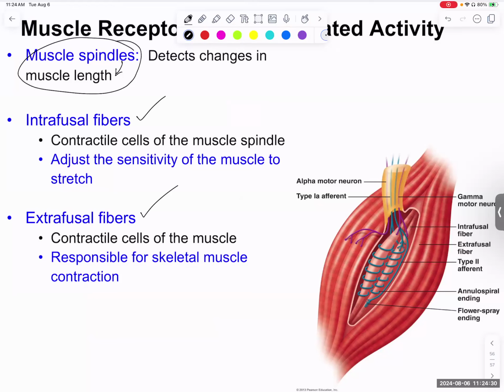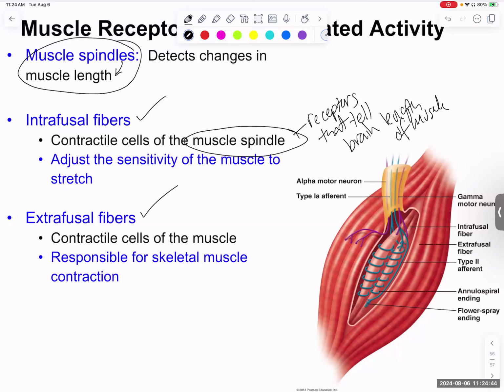Intrafusal fibers are the cells of the muscle spindles or receptors that tell the brain the length of the muscle. They're adjusted to the sensitivity of the muscle stretch. Extrafusal fibers are responsible for the muscle contraction.